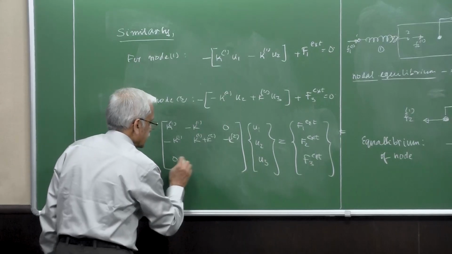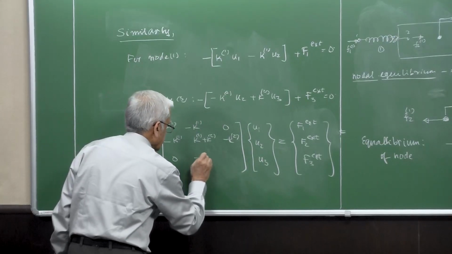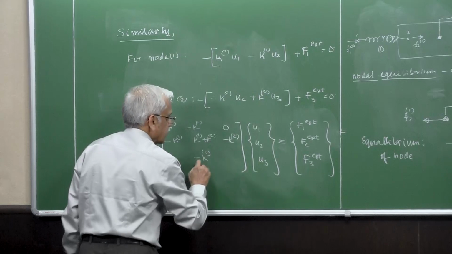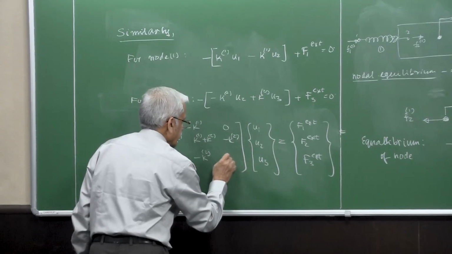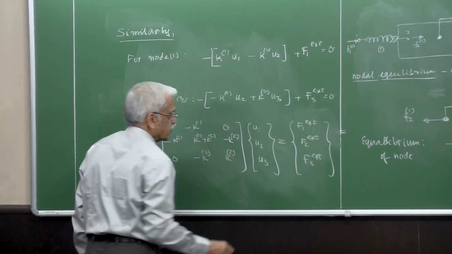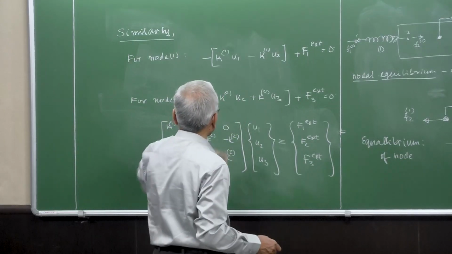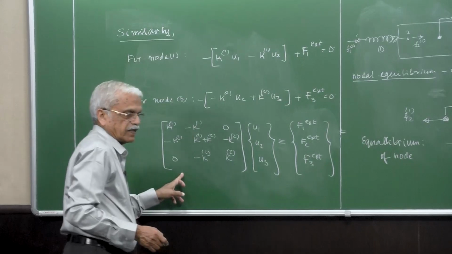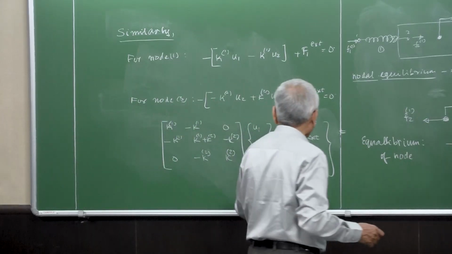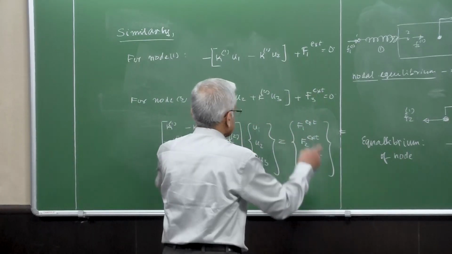And then the last one is minus K2 U2 plus K2 times U3, which gives you the F3 external, right? This is the equilibrium equation for the system.